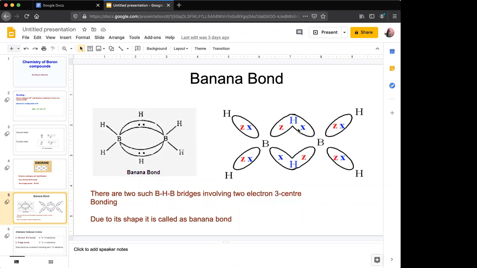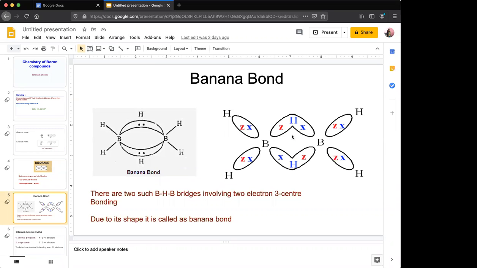So there are 2 electrons taking part in bond formation. And how many atoms are there? This 1 boron atom, this hydrogen is second, and 3. So there are 3 atoms and 2 electrons. So this bond is also called 2 electron 3 center bonding.